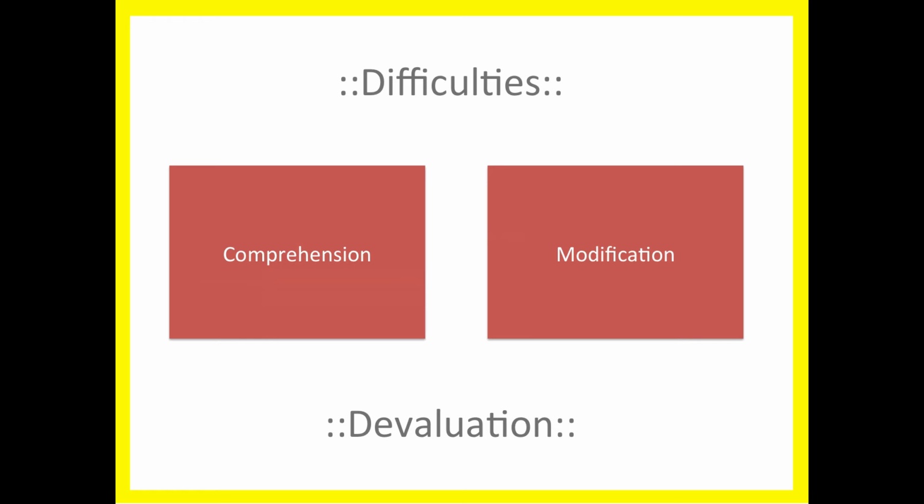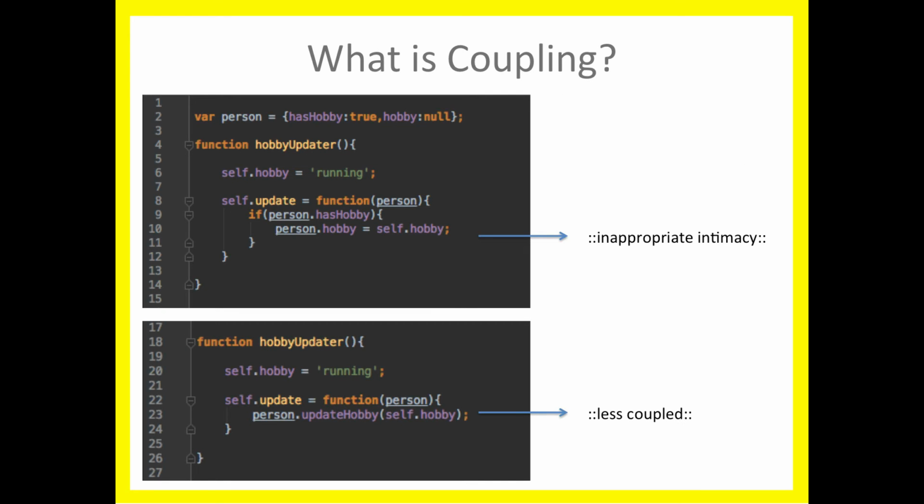The difficulty, as we've already discussed, is comprehension. When a developer is reading this code and wants to know what the hobby updater does, you've dragged them into a situation where, when they read the update method, they now have to know if the person has a hobby.